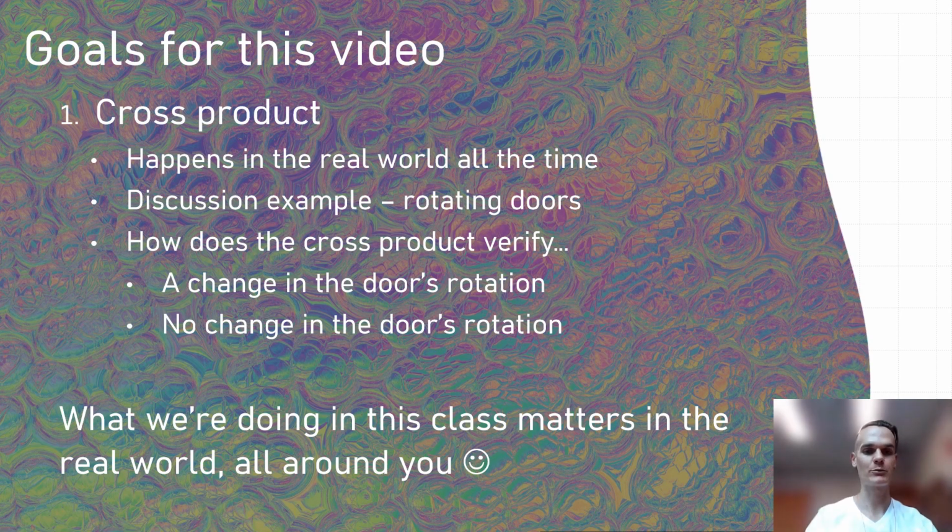Let's just recap what we learned today. The cross product, our new vector operation, is something that is used in the real world all the time to calculate changes in rotational motion. Our example that we did today was the rotational motion of a rotating door, and we saw how different force vectors exerted on the rotating door caused different torques. They caused different changes in rotational motion.